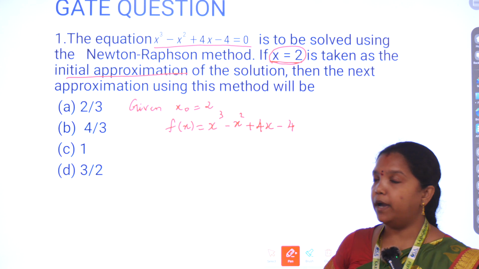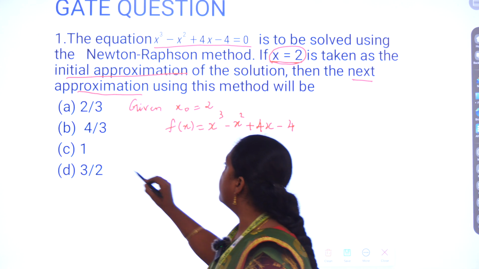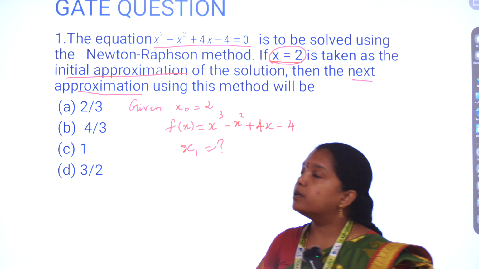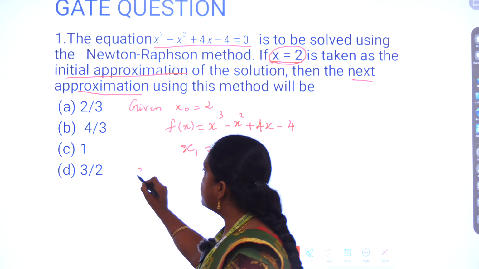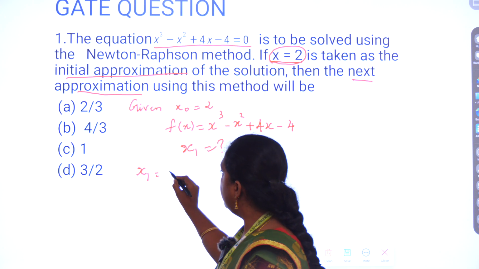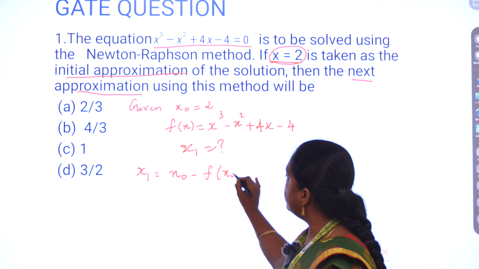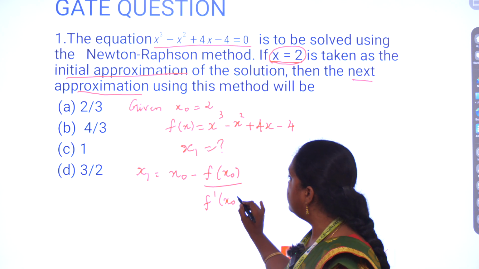They ask us to find the next approximation of the root, that is x1. So using the Newton-Raphson method, we know x1 is nothing but x0 minus f of x0 divided by f dash of x0.